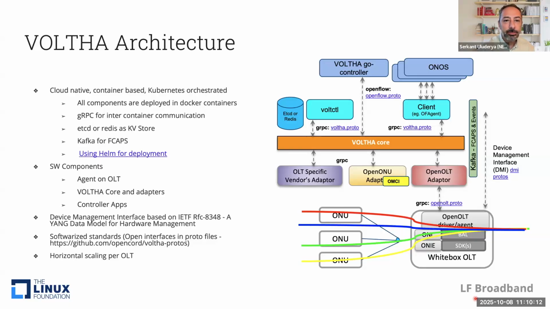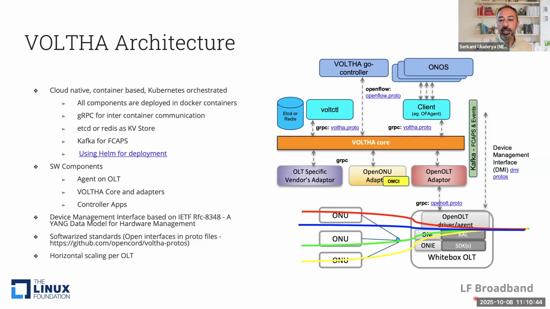Other than that, we have on the left the VoltCTL. It's a command line interface to interact with VOLTHA. This is mostly used for debugging or when we are developing new features and you don't always have the controller running. Not shown here is the VOLTHA protos repository.